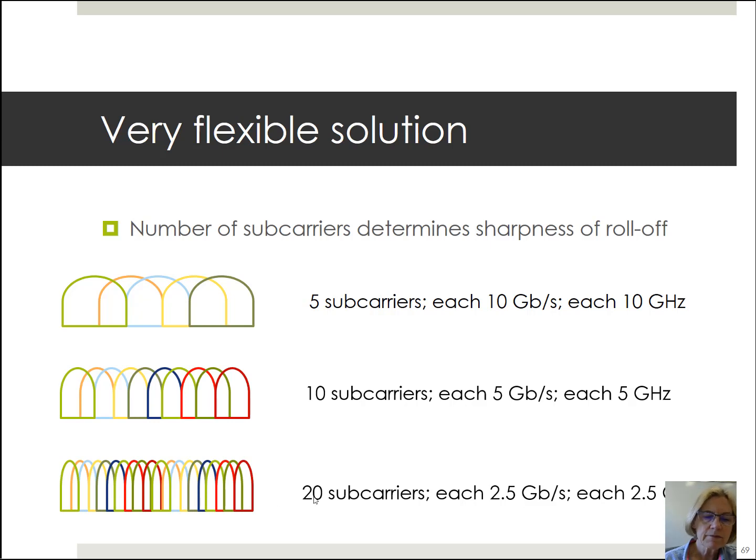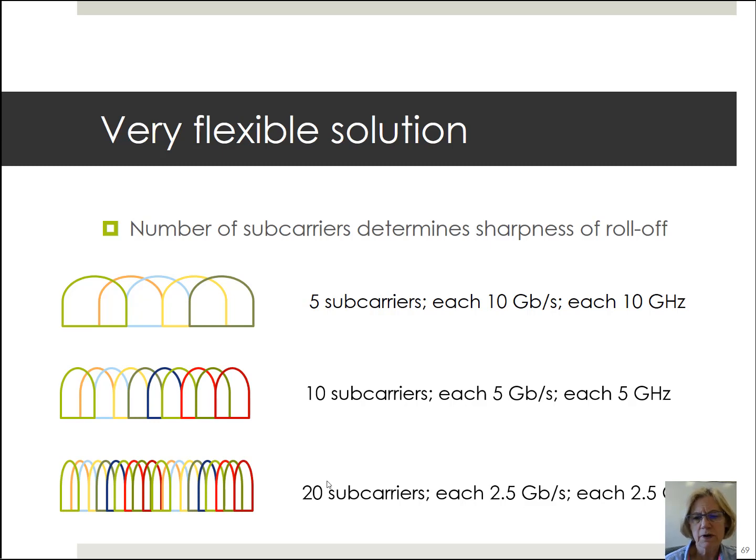With OFDM, I do my equalization on each one of the subcarriers. And in this case, the more subcarriers I have, the slower the transmission on a per subcarrier basis. This means that in the extreme, I can get very good equalization with easy parallelization and actually less complexity.